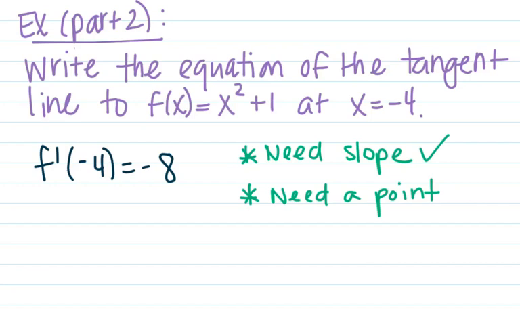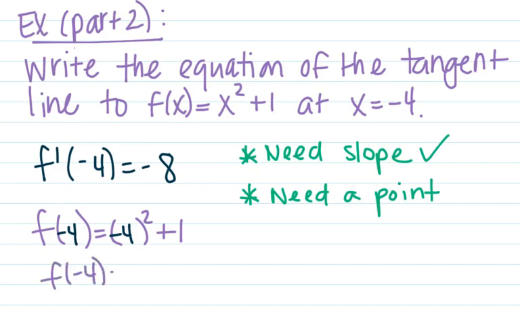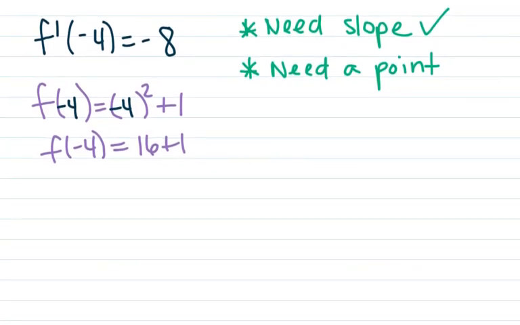So all we would really need to do here is simply plug into the original function, f of x equals x squared plus 1. We're just going to plug in that -4 here to get the y value. So f of -4 is simply going to be 16 plus 1, which is going to give us a y value of 17.